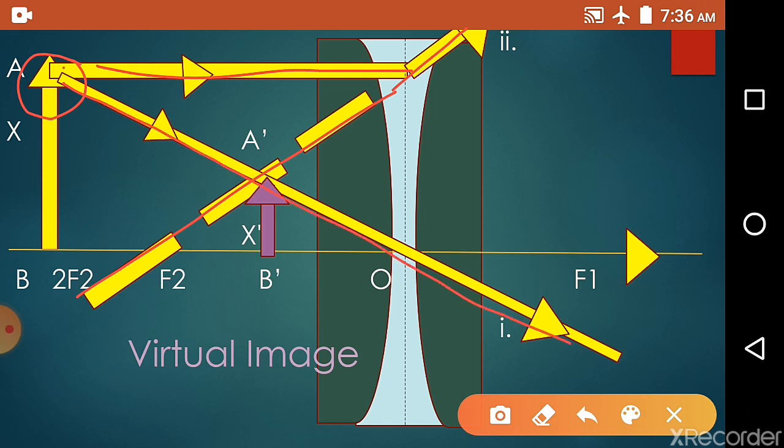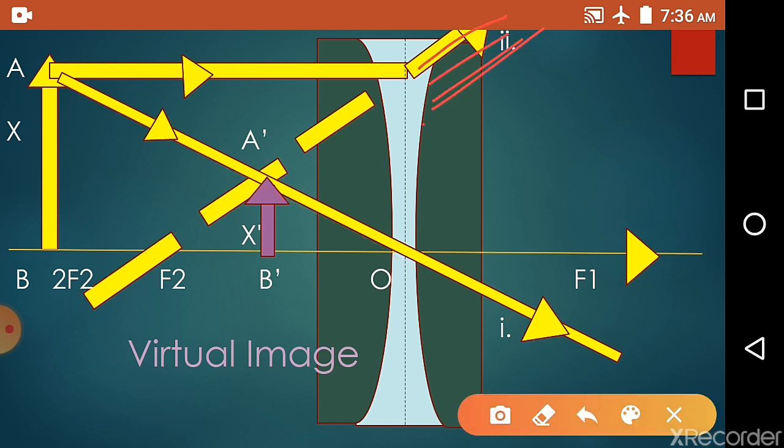Now, I am talking about this ray first. This ray emerges out from the lens, and this other ray passes through the origin and emerges out undeviated. Those two rays will never meet, because one goes in this direction and the other in that direction. So we produce the rays backward.